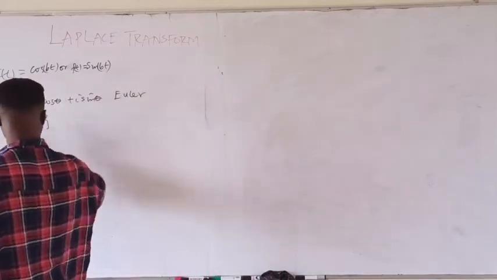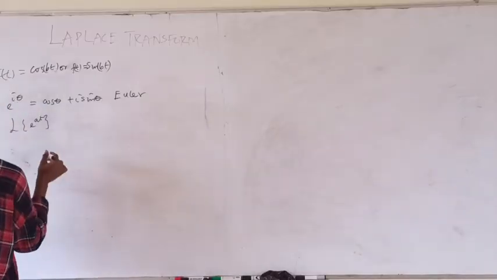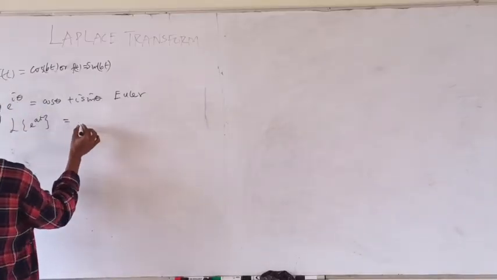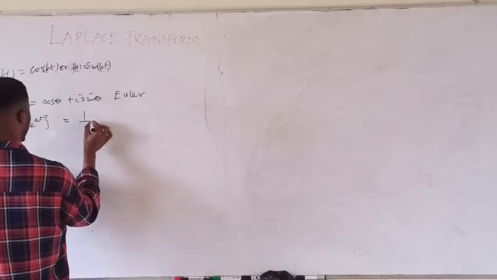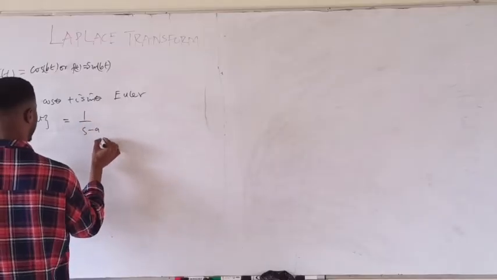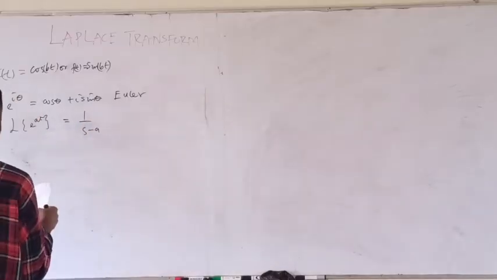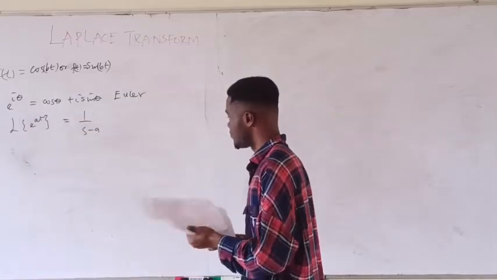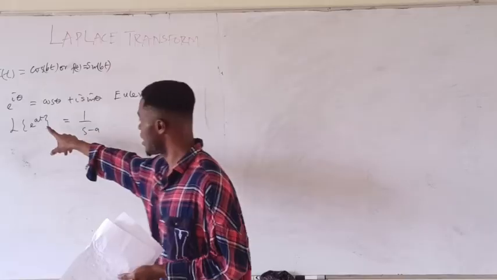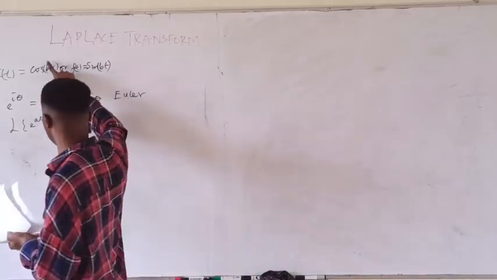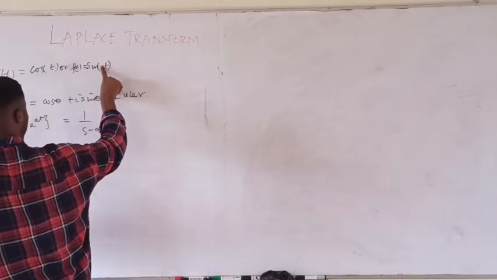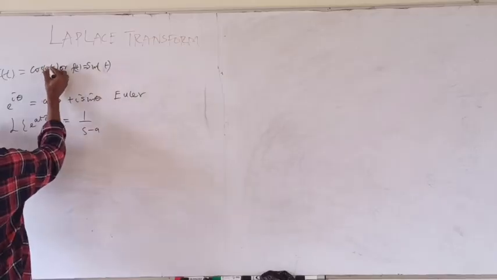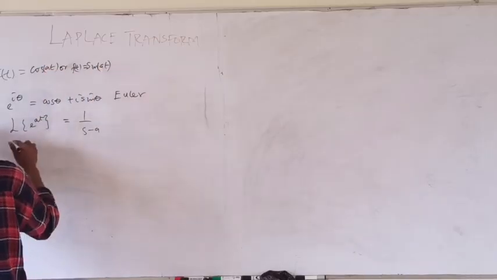So the Laplace of exponential of at, as we know, is equal to 1 over s minus a, right? Since I'm using a here, let me just change it to a, but it doesn't matter.